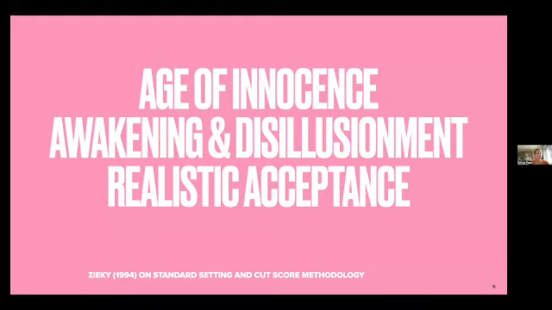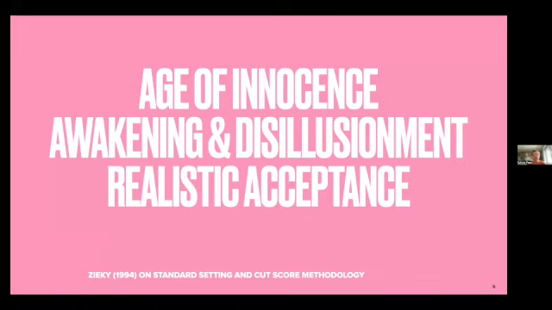So I'd like to talk about standard setting and cut score methodology in terms of Zieky's categorization of the age of innocence, which he said was this long age of innocence in standard setting methodology that ended in the 1960s because there was almost no attention paid to how standards were established and how cut scores were set.